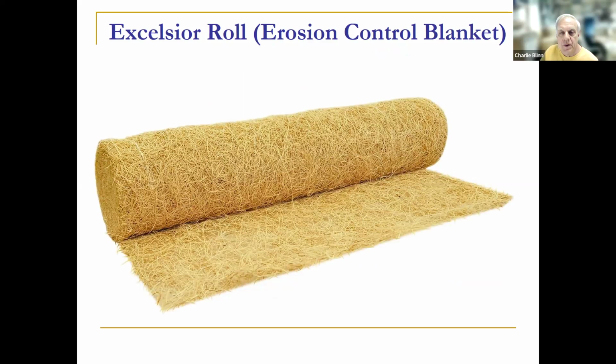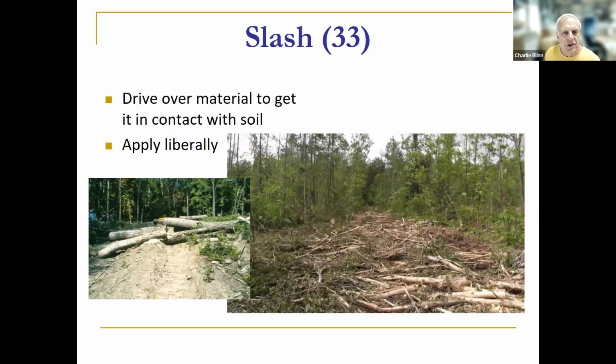It's made of frequently 100% aspen with a polypropylene net sewn together in some sort of a degradable thread. So an 8-foot by 112 feet, I looked on the internet, costs about $160. The nice thing about this is you can easily cover a lot of area with one of these erosion control blankets.